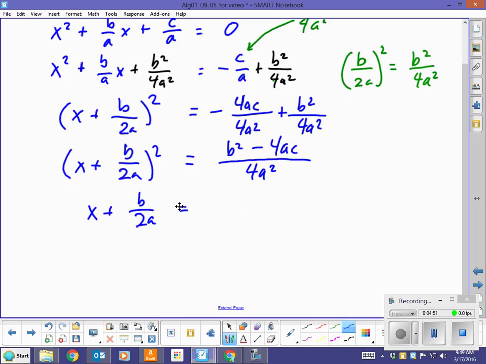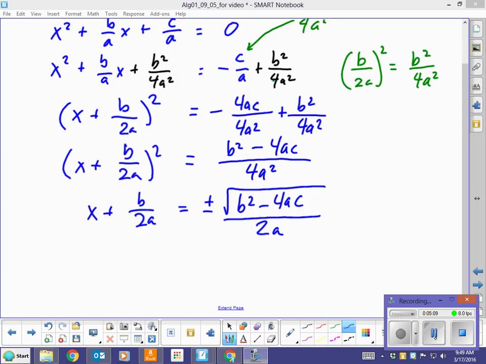On this side, plus or minus the square root of b squared minus 4ac. And then down here, of course, this has a square root, so I'm going to just use that, 2a. Okay. Now we just isolate the x.